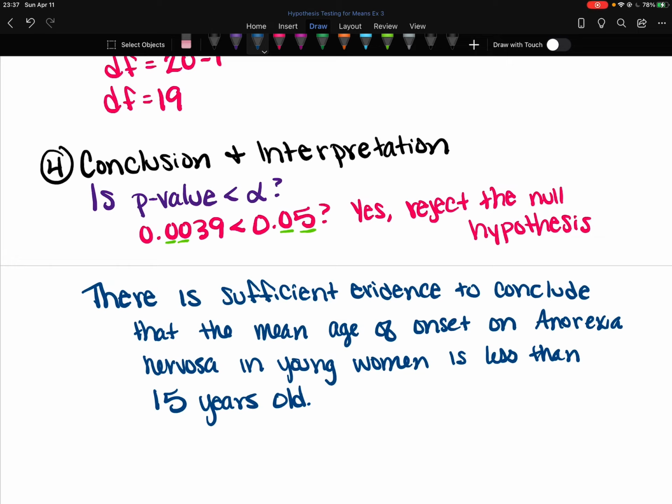Because these results prove that the mean age is less than 15, which means we need to start talking to these young women younger. We need to start teaching them how to take care of their bodies younger. Because if we wait until high school, it's too late. And they're already becoming anorexic.